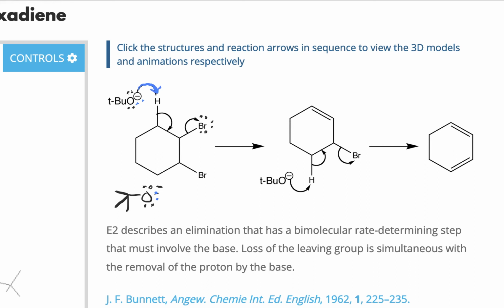That means that what it looks like after the reaction happens is like that. The hydrogen-carbon bond comes down to form the pi bond.